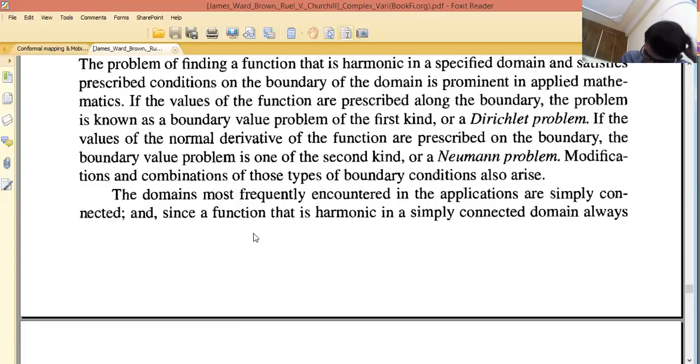Which of the following is the bilinear transformation? Some of the questions are here.